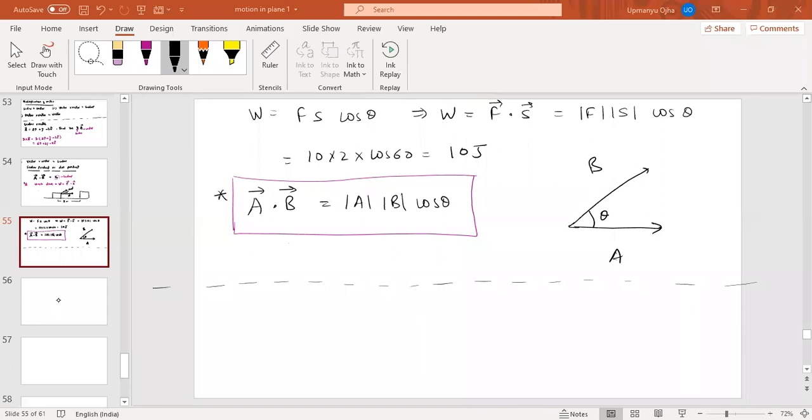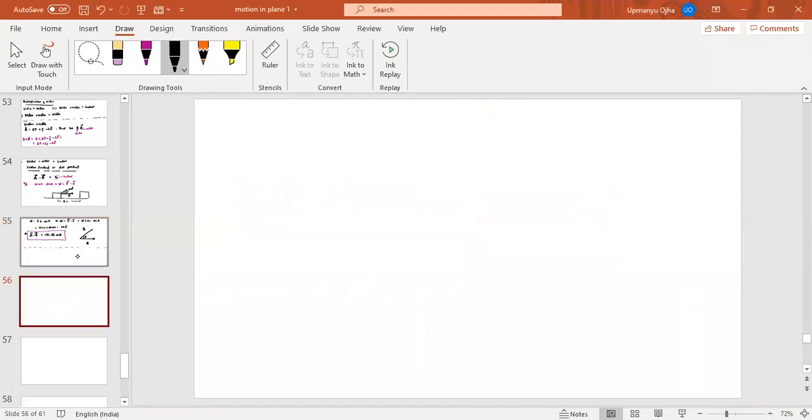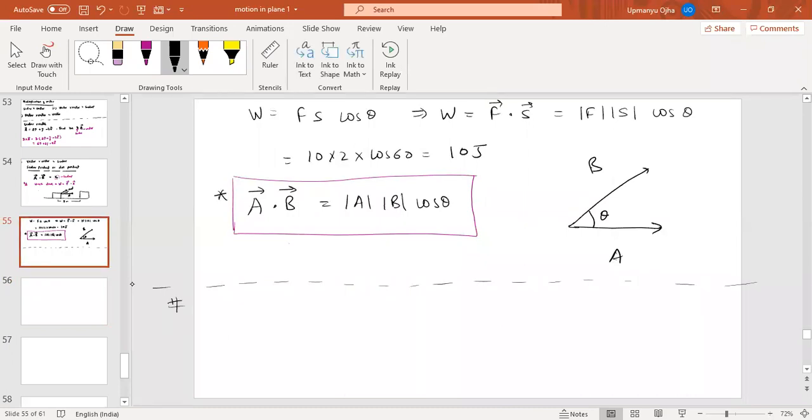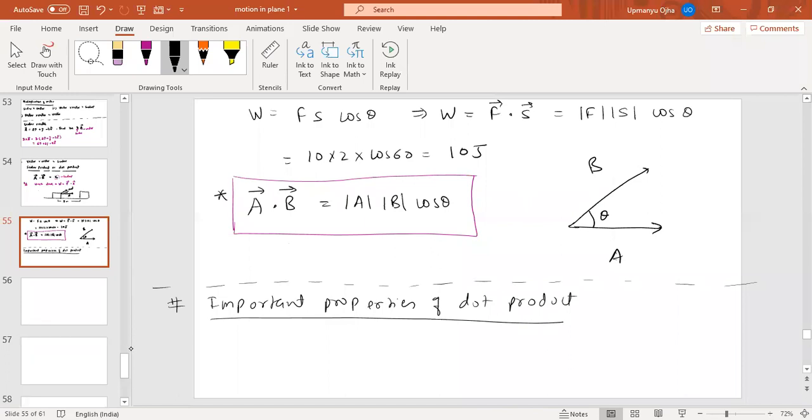Now, there are some important properties of dot product. First property is that A vector dot B vector is equal to B vector dot A vector.